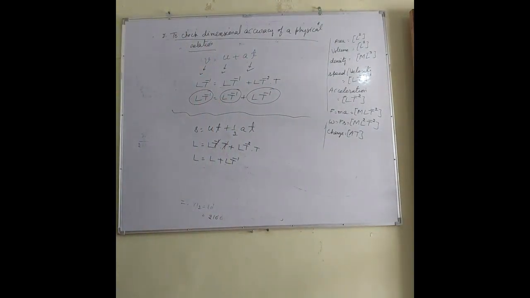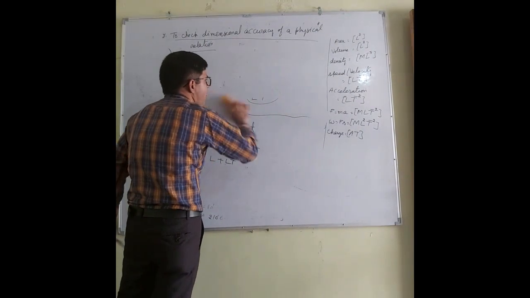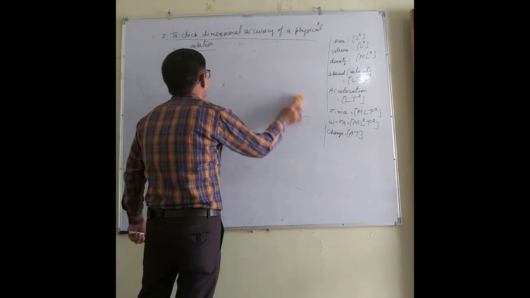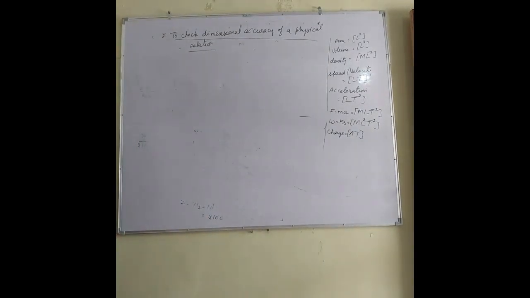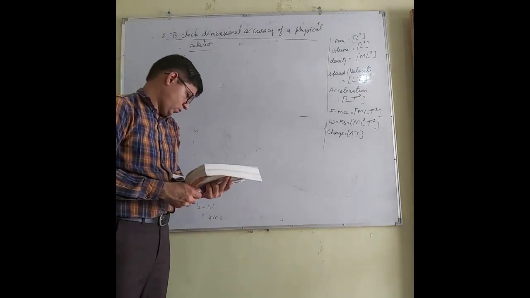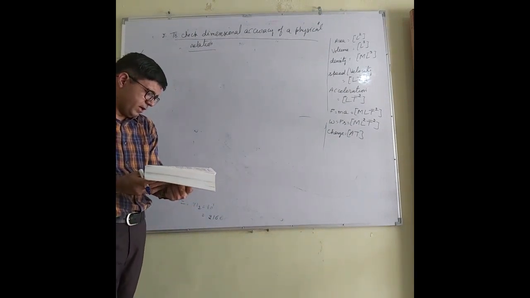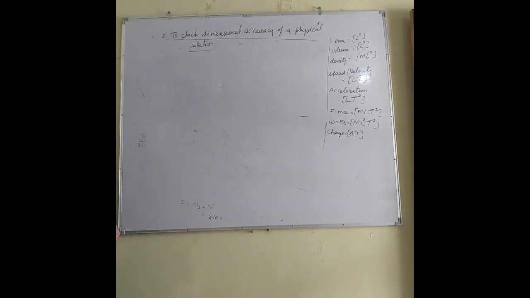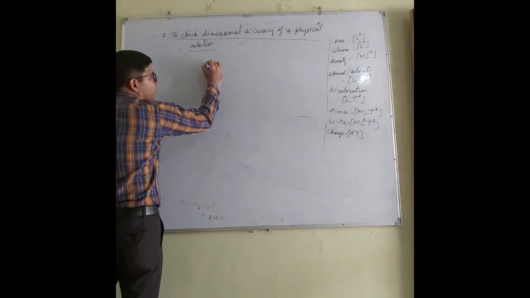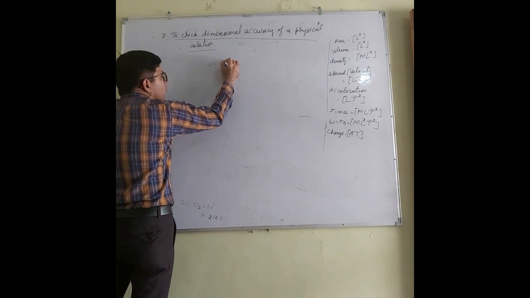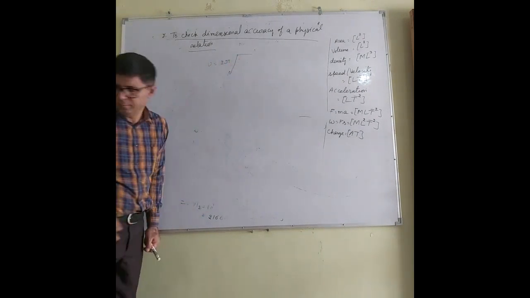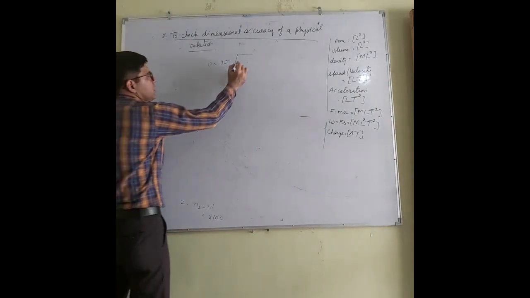Now, there is a question which is asked by one of the students. The question is: check the dimensional accuracy of nu equals 2 pi under root L upon g.